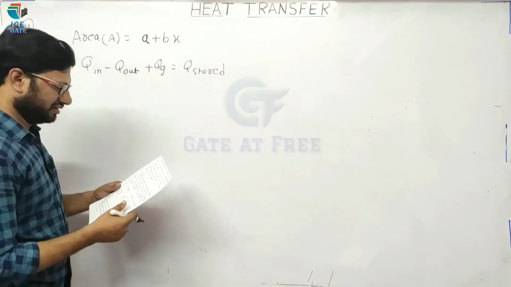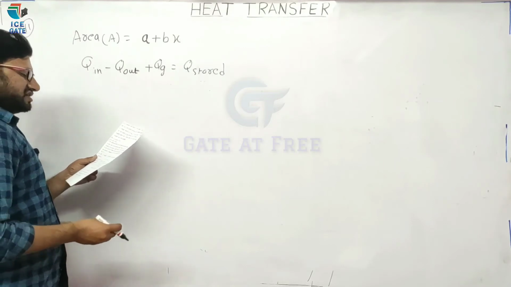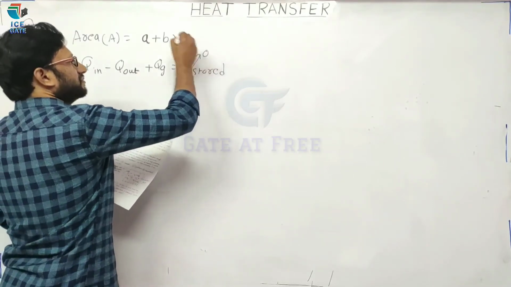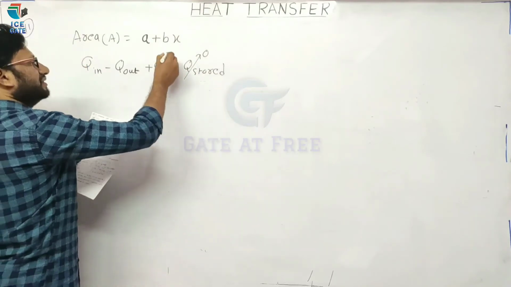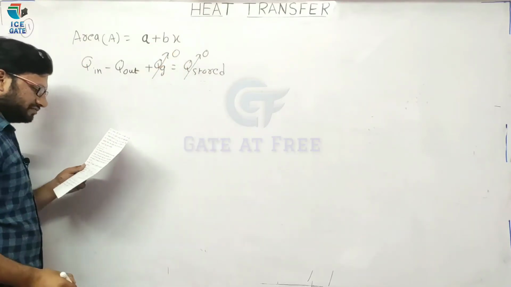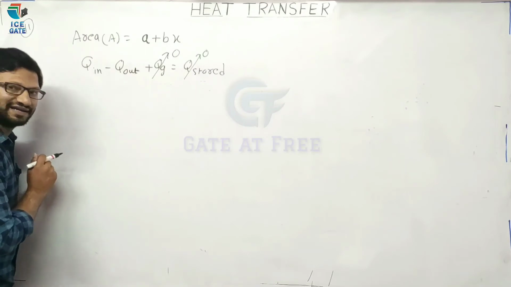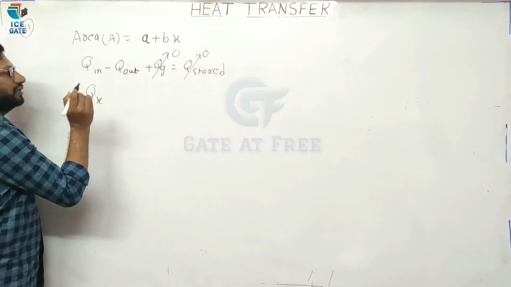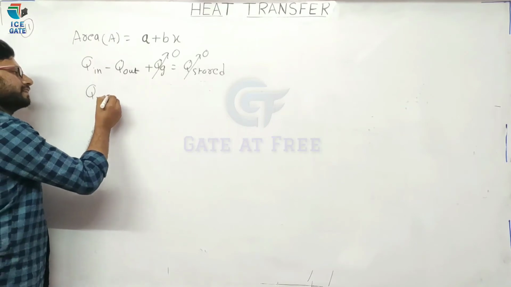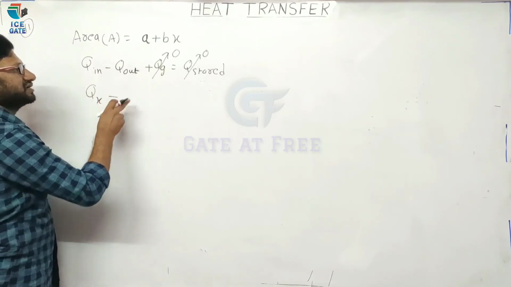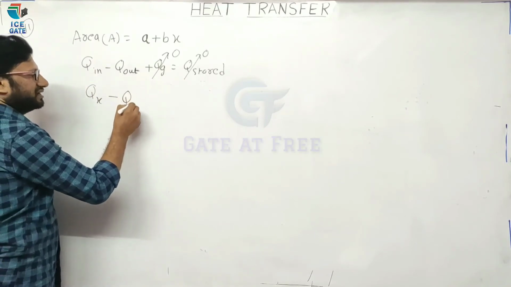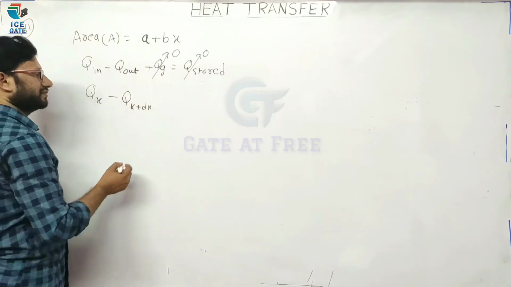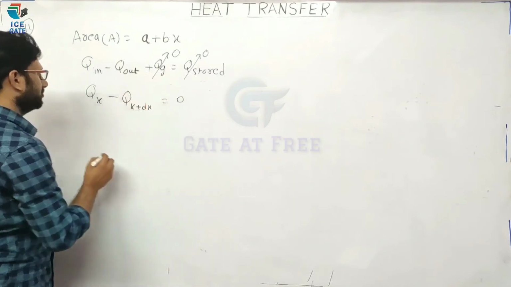Now in this case, at steady state, Q stored is equal to 0 and there is no heat generation. Assuming one-dimensional heat transfer in the x direction, Qx minus Q out, where Q out can be written as Qx plus dx, is equal to 0.